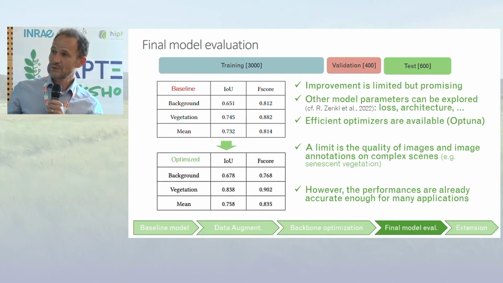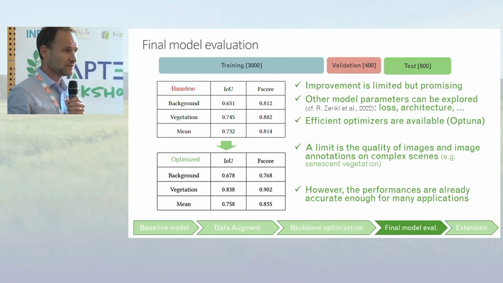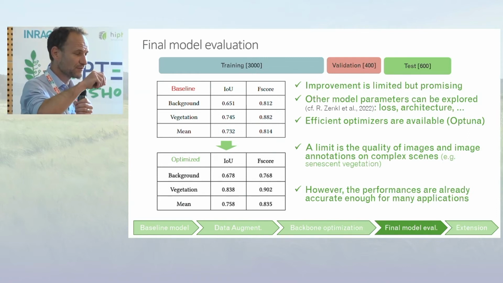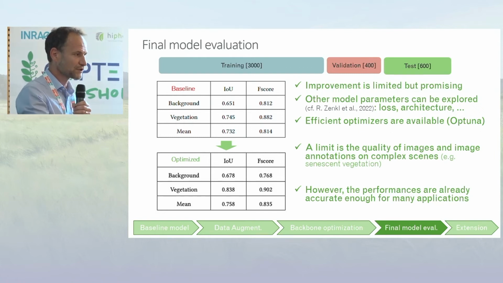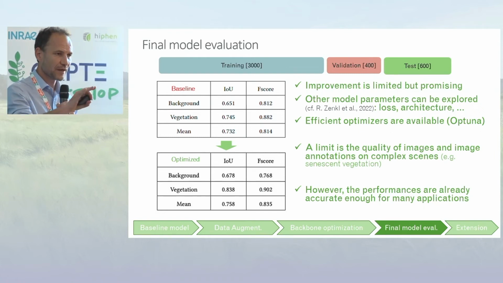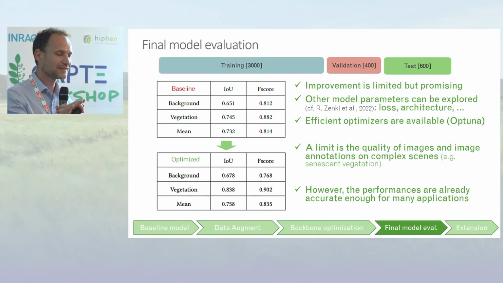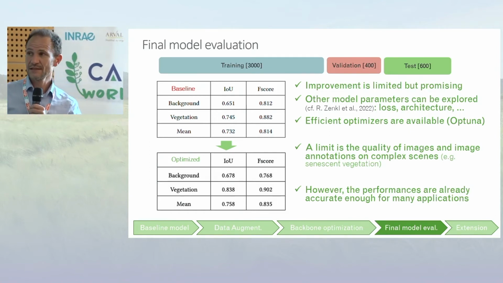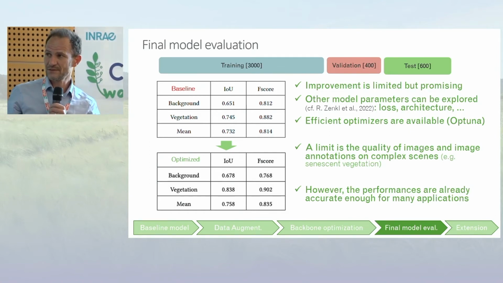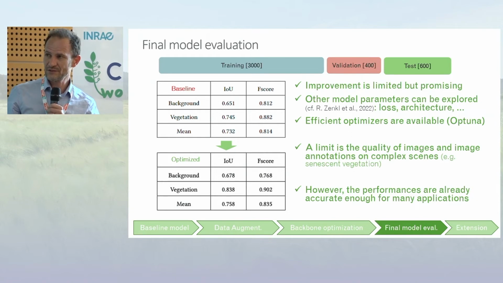Then we also have to point out the limit of the quality of the images, because this segmentation of images, even manually, is very complex. Sometimes we have shades, or part of the image where we don't know if it's really standing vegetation or if it's on the ground. So there is a limitation for complex scenes, complex images.